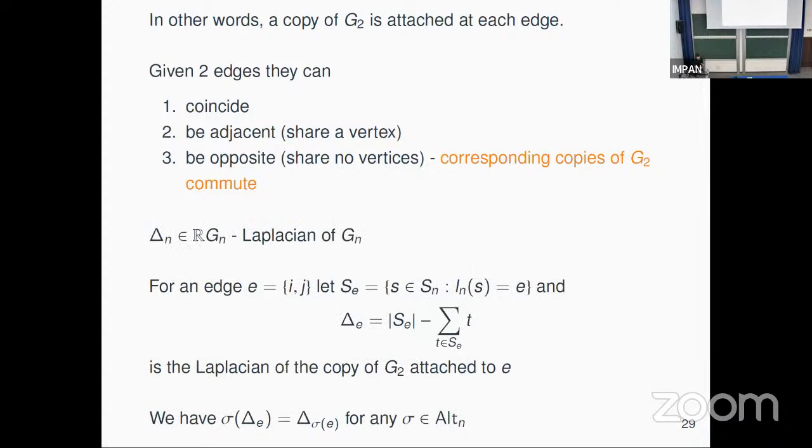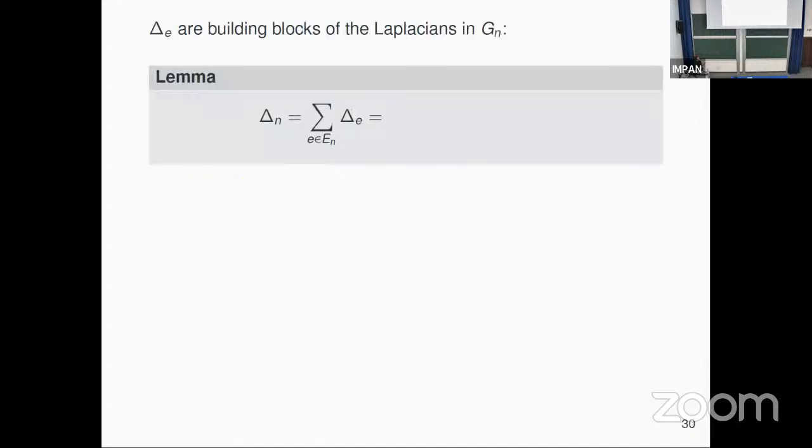Okay, so if I start with the Laplacian for my group, then I have these Laplacians for each edge. I also have the action of the alternating group. The alternating group simply permutes the vertices, and it also permutes the copies of the Laplacian.